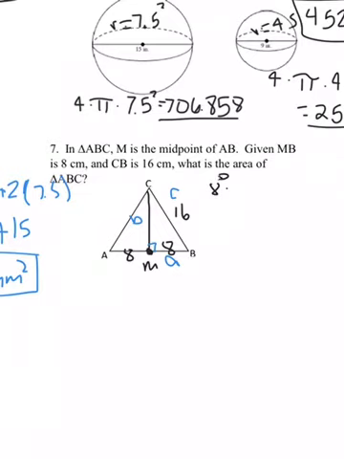So 8 squared plus b squared equals 16 squared. And 16 squared minus 8 squared equals 192.